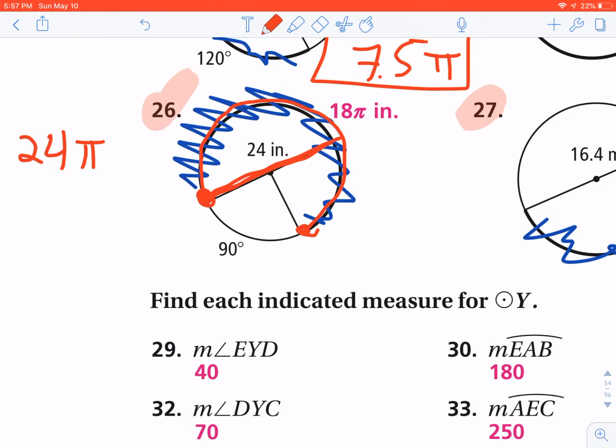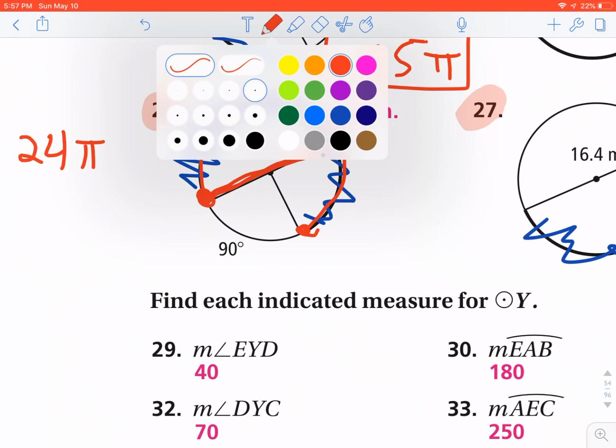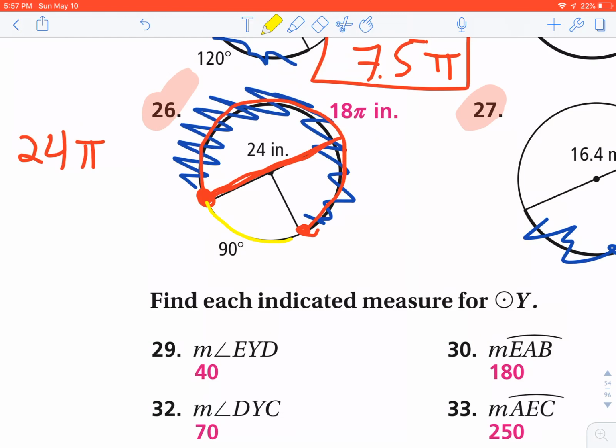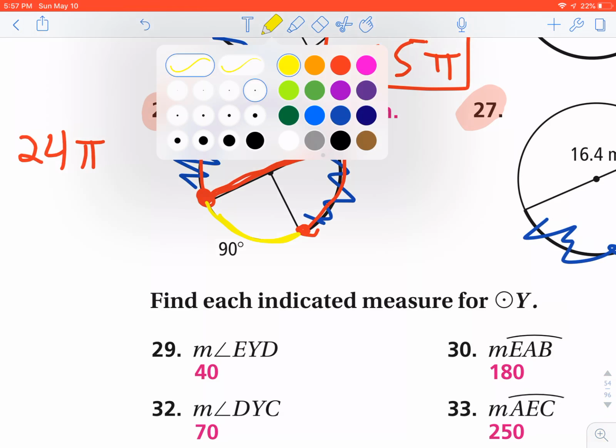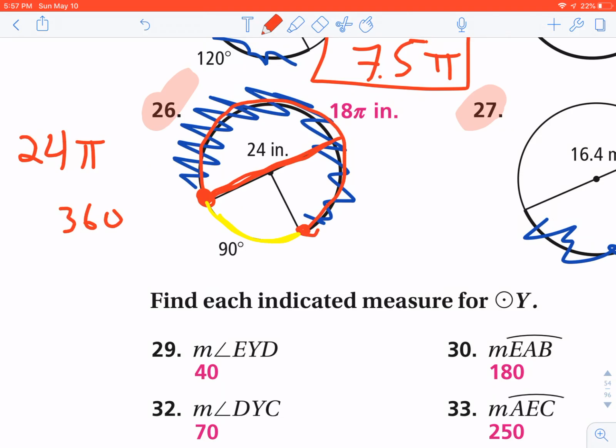Okay? Well, the part that they gave you is this part right here, which was 90. So take your 360, subtract 90, and that leaves you with 270. So the arc measurement that you need is 270 degrees. It is from red dot to red dot.